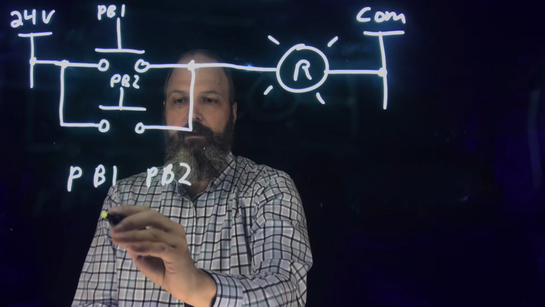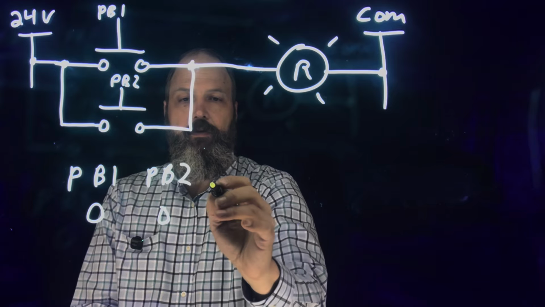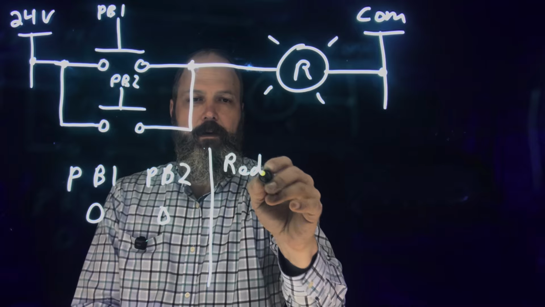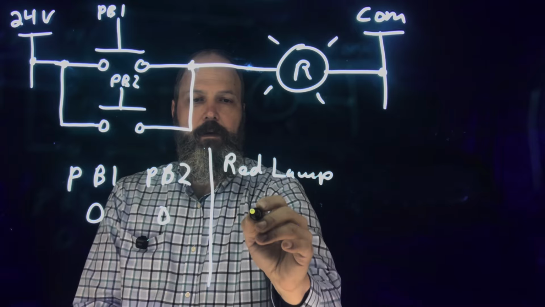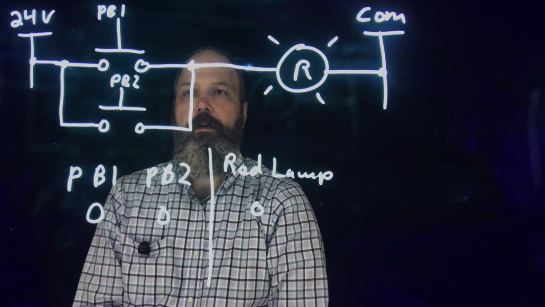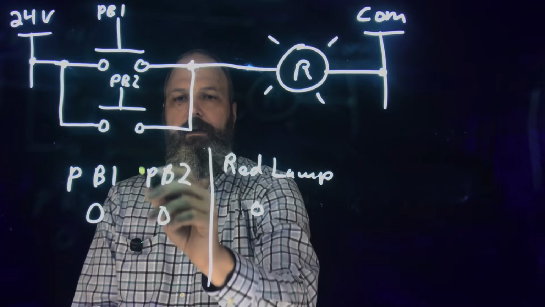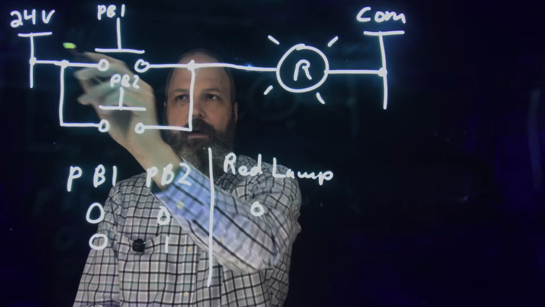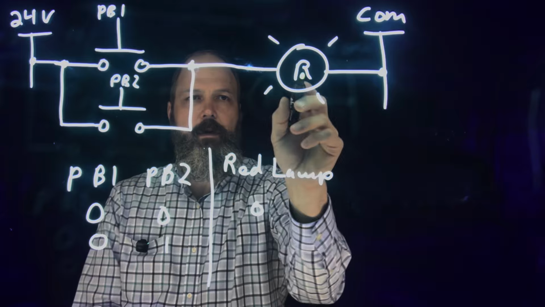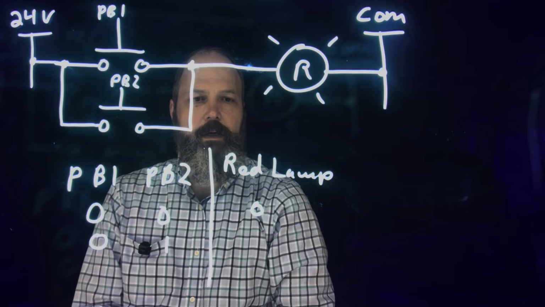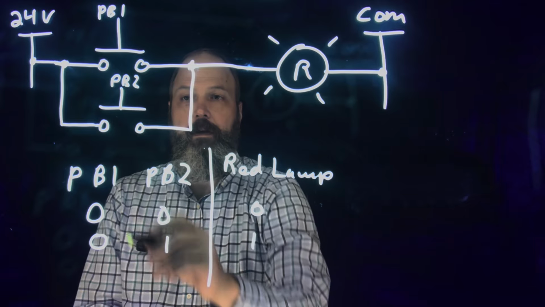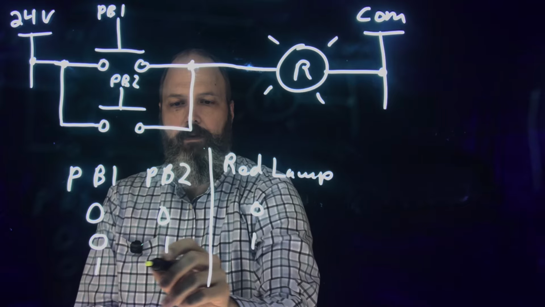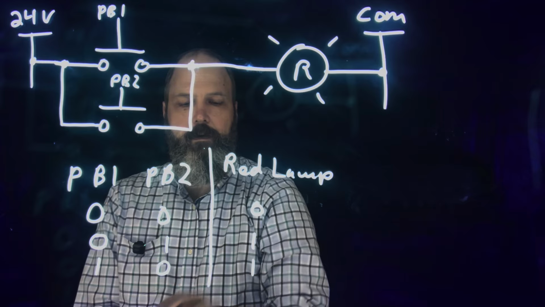In this case, if you don't press either button, the red lamp has no output. If you press only PB2 and not PB1, the energy can go through PB2 and create a connection for the red lamp. Alternatively, you can go through only PB1 and turn on the red lamp.